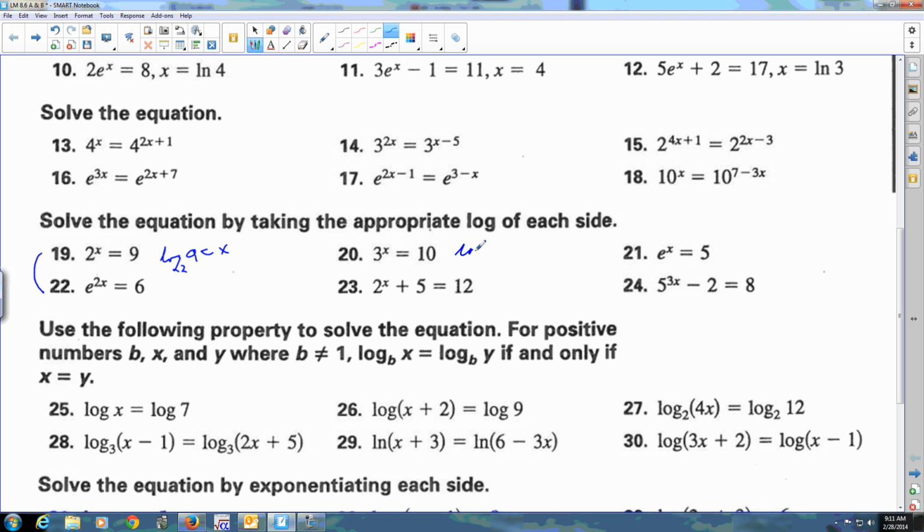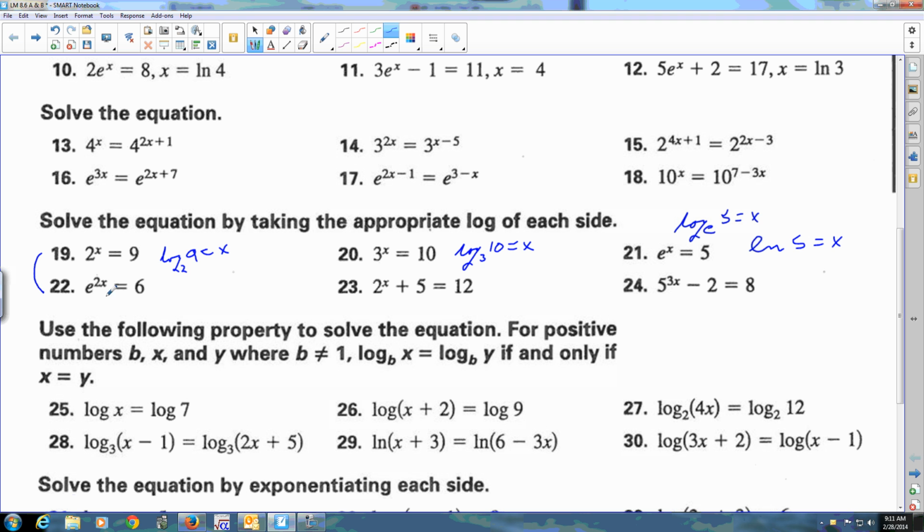Log base 3 of 10 equals x. So the intermediate step would be log base e of 5 is x. Then the log base e is ln, so that's the ln of 5 is equal to x.